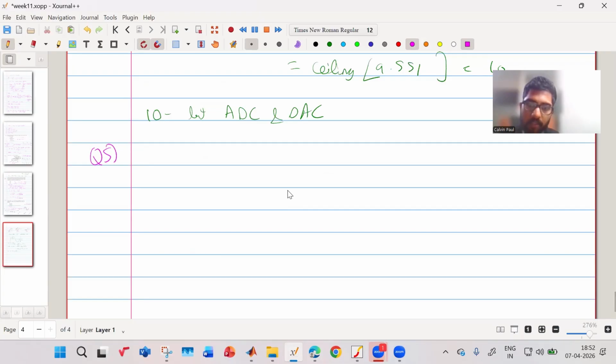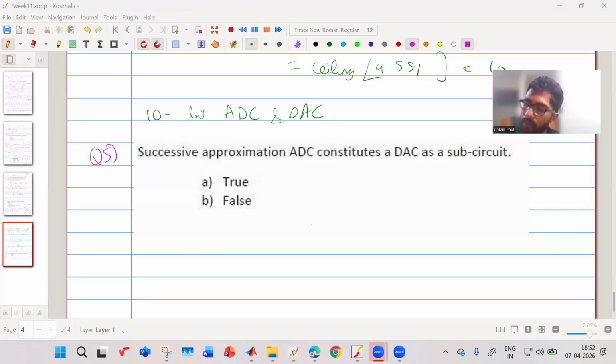Suresh is saying true, and it is true. A successive approximation ADC uses a DAC internally. So the DAC will generate some value.